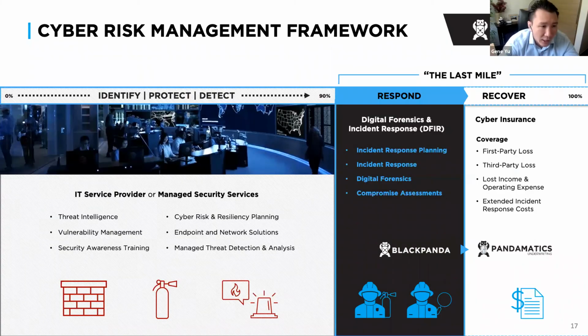This is what we describe as the cyber risk management framework, to understand exactly where the Black Panda and Pandamatics joint offering falls in your overall cybersecurity framework. We would say that 90% of your cybersecurity issues on the preventative side, identify, protect, detect, are covered by outsourced folk like your IT service provider or managed security service, or maybe you're a little larger and you have your own CISO, and they're managing everything internally.